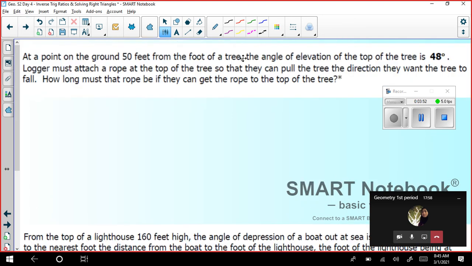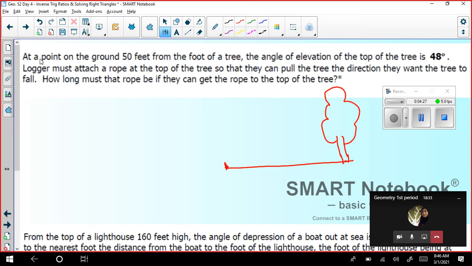At a point on the ground 50 feet from the foot of a tree, the angle of elevation to the top of the tree is 48 degrees. So let's take this is your tree, and here I have the ground. This particular point is located 50 feet from the base of the tree.